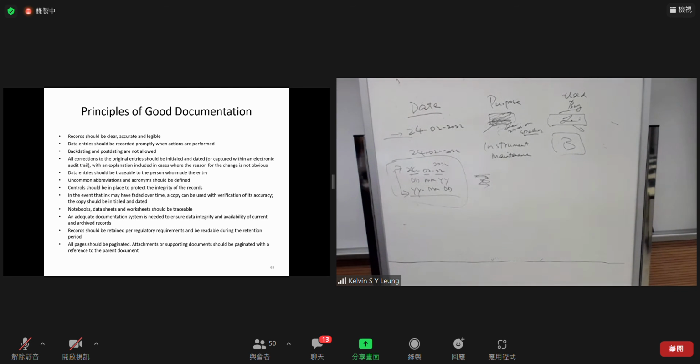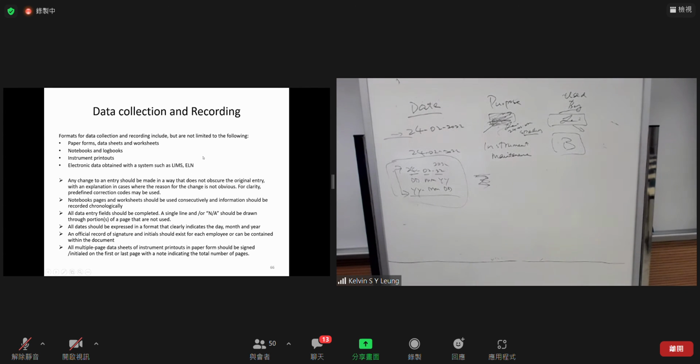Now we have paper formats, and some of them will have electronic formats. For the logbook and the data book, it is suggested that they be bound, with the pages stamped, to avoid anyone tearing them off.